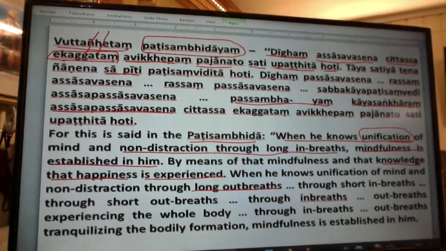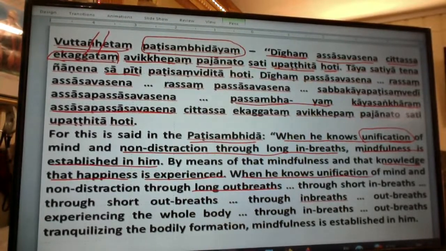That's why here is the English translation: when he knows the unification of mind and non-distraction through the long out-breath. The meaning is he practices the long out-breath as the meditation object, continuously practicing. At that time, his mind has very powerful concentration and no wandering.